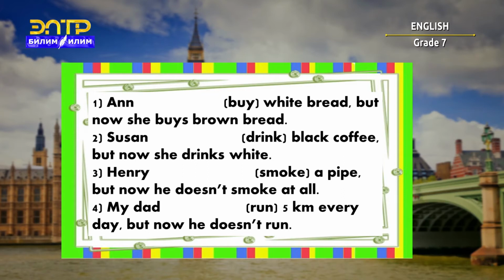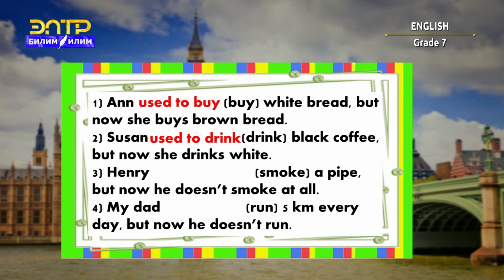Time is up. Have you finished? Let's check and compare your answers. So the first one will be: Anne used to buy white breads, but now she buys brown breads. And the second one: Susan used to drink black coffee, but now she drinks white.